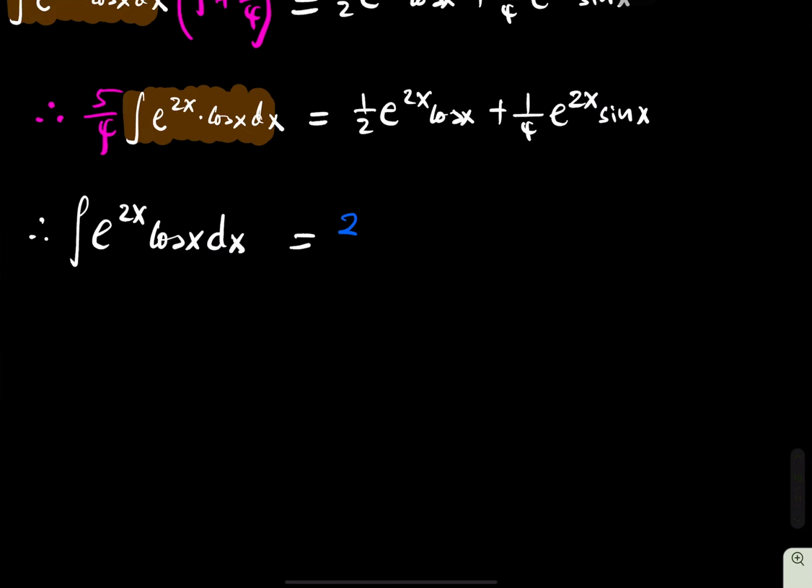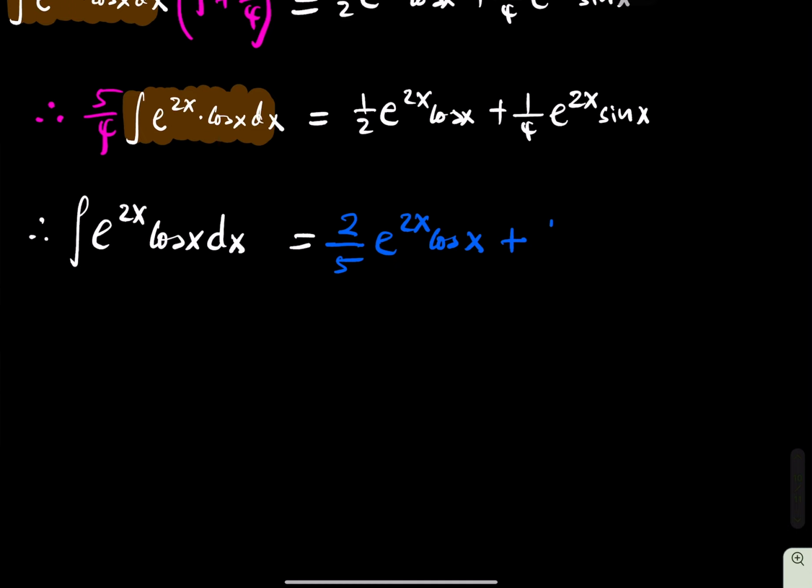So that gives me 2 over 5 e to the power 2x cos x, and then plus, now multiply 4 over 5 by 1 over 4.